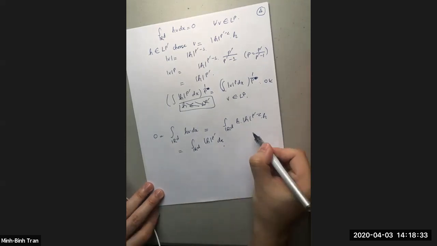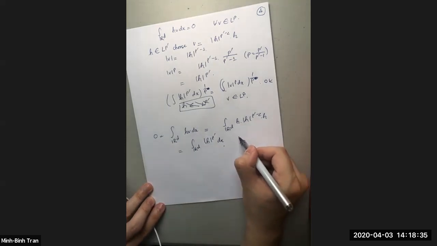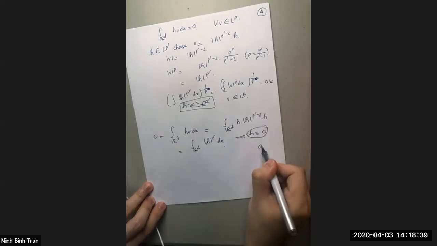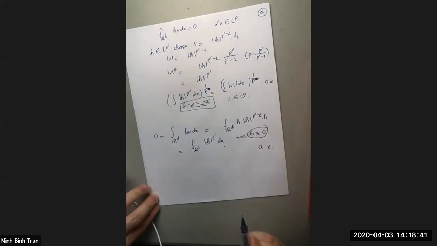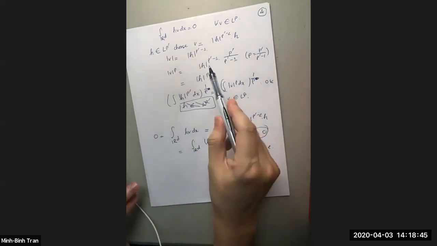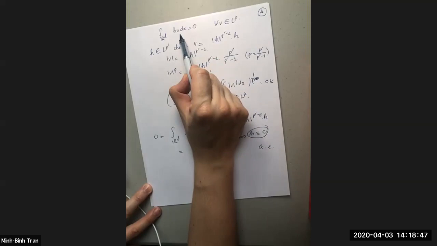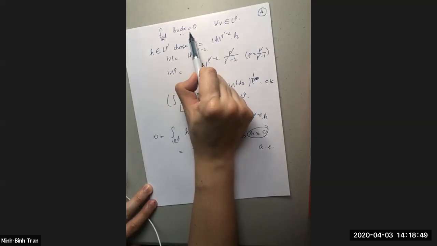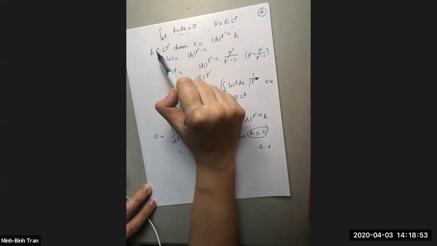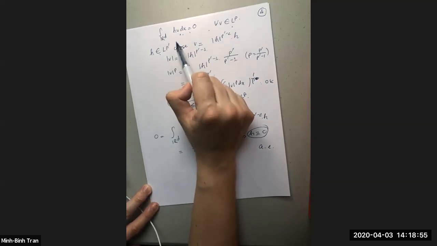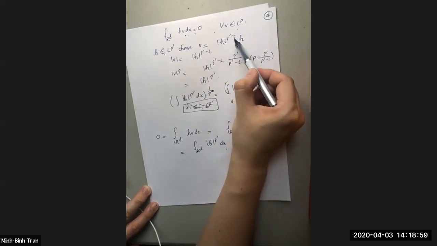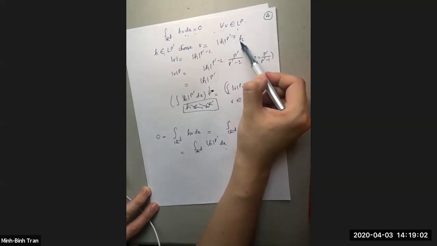And the absolute value of H is positive, which means that H has to be 0 almost everywhere, right? Is it clear? I explain again. Yes. I have that the integral of HV dx is going to be 0 for all of the V in LP, right? So H is in LP prime. So I can choose V to be H^(P prime minus 2) times H, right?